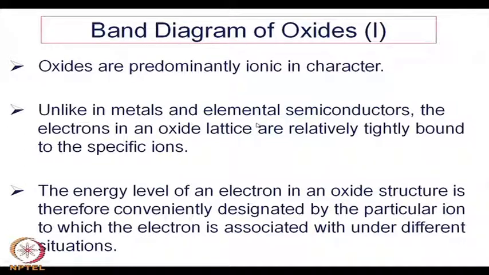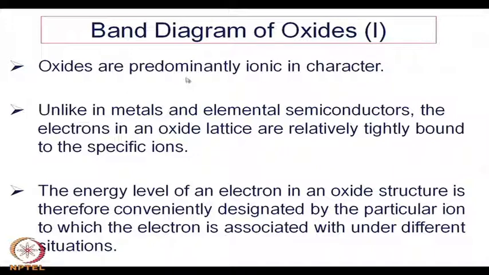With this background, let us look at what happens in the band diagram, because the band diagram is one of the basic concepts to understand the various charge transport phenomena, or electrical conduction or resistance, in a material. So, we look at how exactly we arrive at the different band diagrams in a particular oxide.